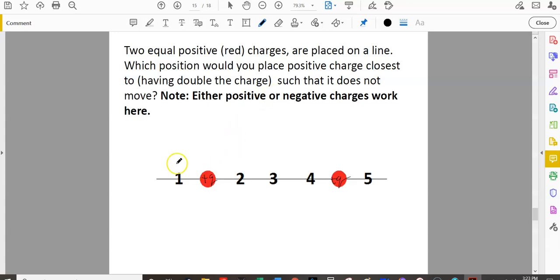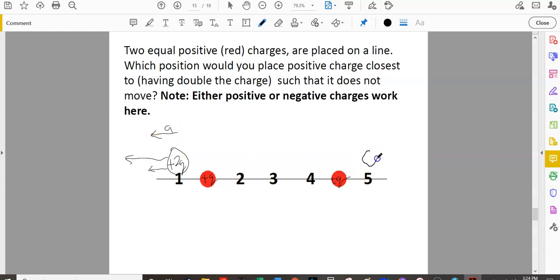Okay. So you have to do these little if-then statements, right? So if you place a positive 2Q right here, well, this positive Q is going to push it really far to the left, and this positive Q is going to push it weakly to the left. So this object is just going to take off and accelerate to the left.